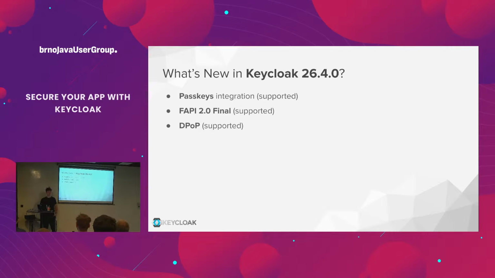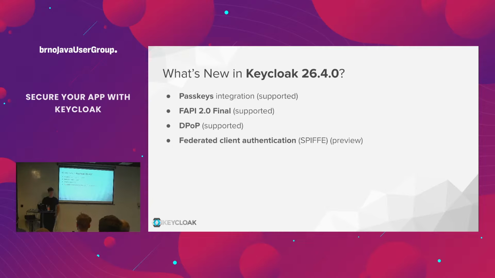I don't know how many of you are familiar with OAuth 2 standards, OpenID Connect. Yeah, not so many. So I hope it's going to be understandable somehow. We also have in preview mode federated client authentication, also for SPIFFE and SPIRE.